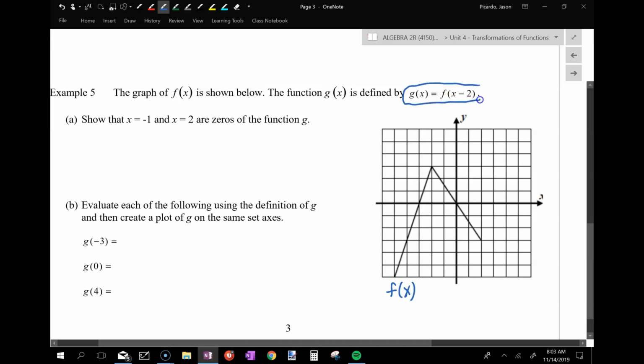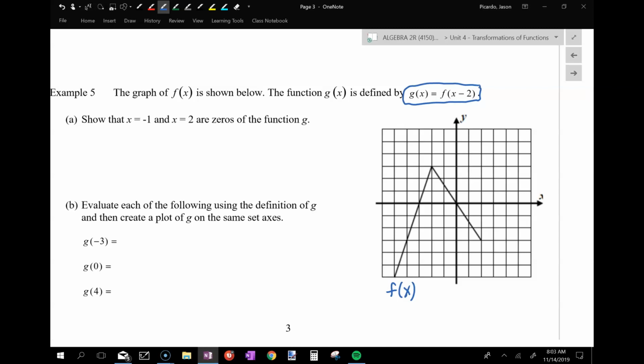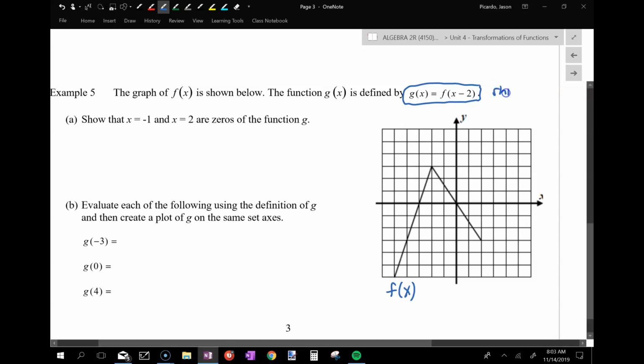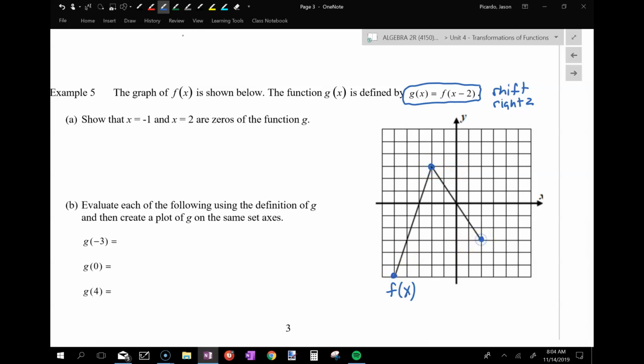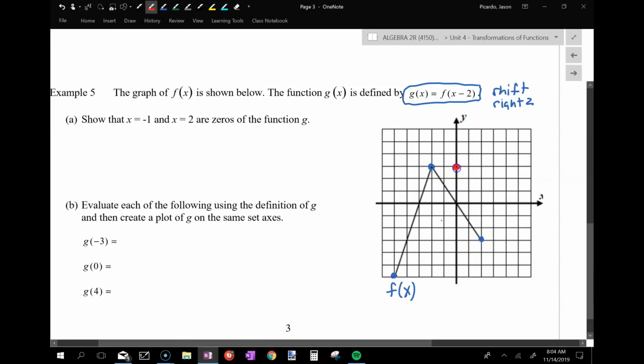Well, I'm going to create a new graph by doing what to this one? Shifting it right 2. Is it going to go up and down at all? No, all it's going to do is shift to the right 2. So this point and that point become this one and that one.